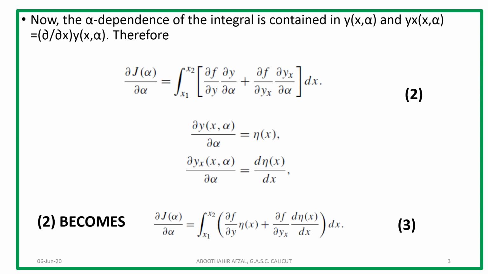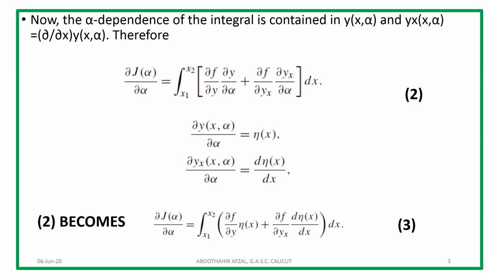dou f by dou y, because f is a function of y, into dou y by dou alpha, because y is a function of alpha, plus, as we know, f is a functional. Functional means a function of many other functions. In the first term, we have completed the dependence of f on y and the dependence of y on alpha.